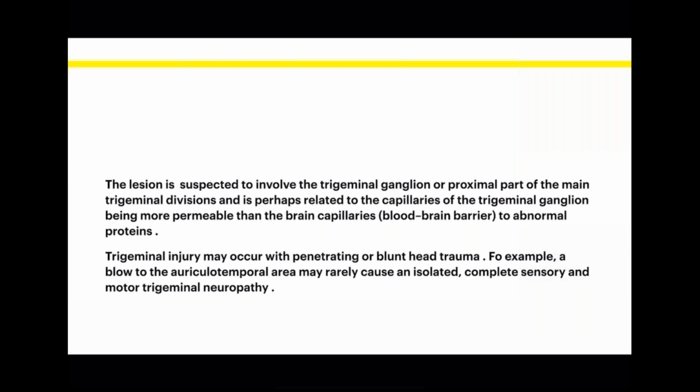So the lesion is suspected to involve the trigeminal ganglion or the proximal part of the main trigeminal division, perhaps related to capillaries of the ganglion being more permeable than the brain capillaries to abnormal proteins. And this is the explanation why.